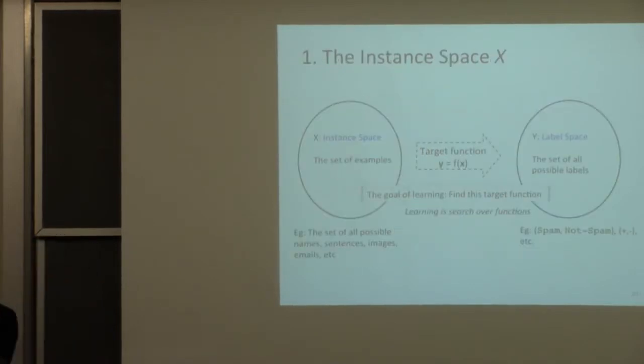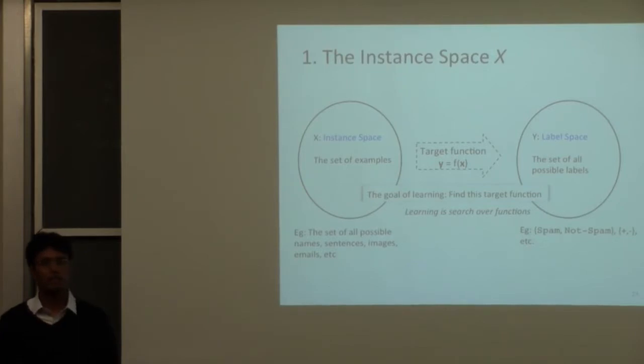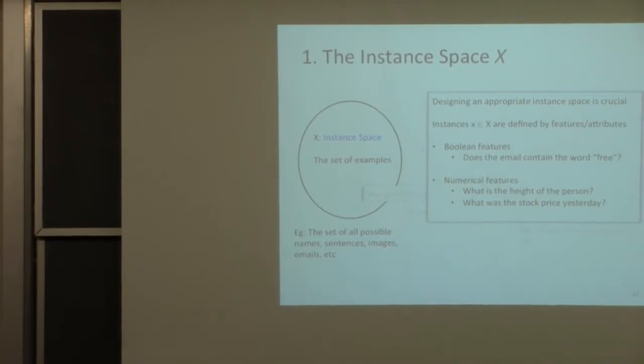Let's talk about the instance space, X. This is the picture we had. There was an instance space, there's a target function that takes instances to labels. It's a set. And identifying the correct instance space is very important. By that, I specifically am talking about identifying the correct feature representation.